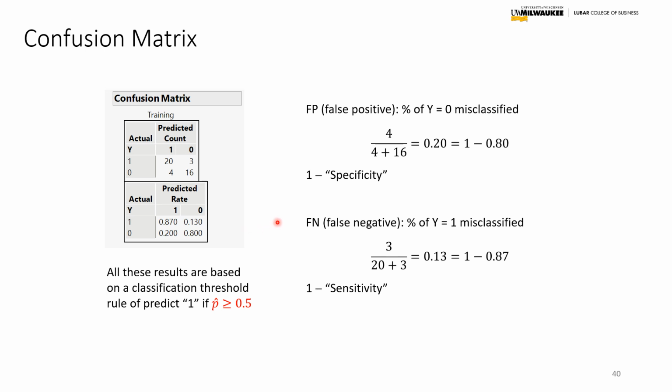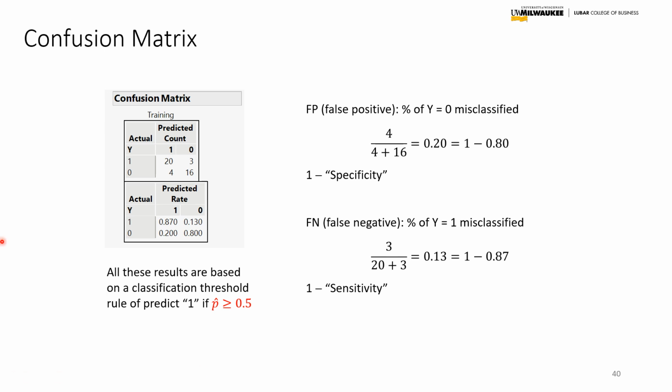In terms of the false negative rate, there were 23 ones, and 3 of those cases were classified as zeros. That would be 3 out of 23, or a false negative rate of 0.13, which is the same thing as 1 minus sensitivity.